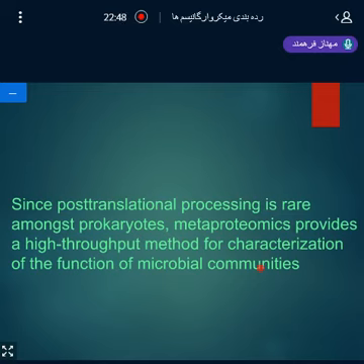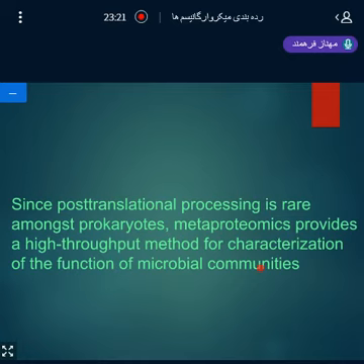So you can see I talked about post-translational processing in bacteria, which is rare but exists, and proteomics provides the high-throughput method for characterizing the function of microbial communities.